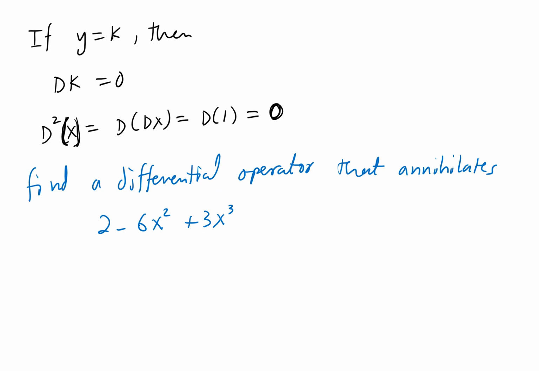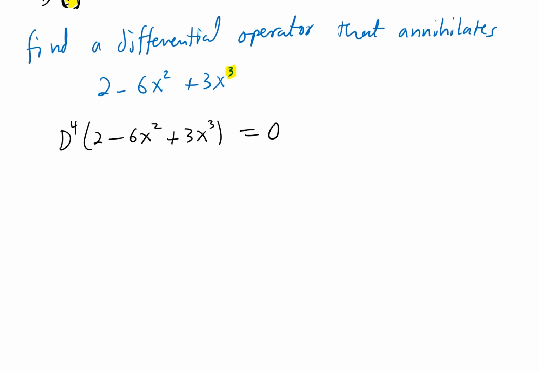Notice for a second degree polynomial, D squared took care of it. For a third degree, I'm expecting, and we can prove, that D to the fourth would be the operator. If you differentiate 4 times, it will go down to 0. So the differential operator would be D to the fourth.